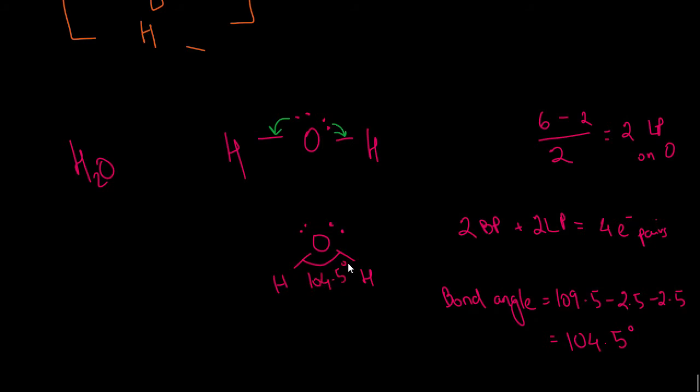And the shape is called V-shaped. You're going to call it V-shaped, or you could call it bent shape. Use either one of these names for water, or for anything that has a bond angle of 104.5.